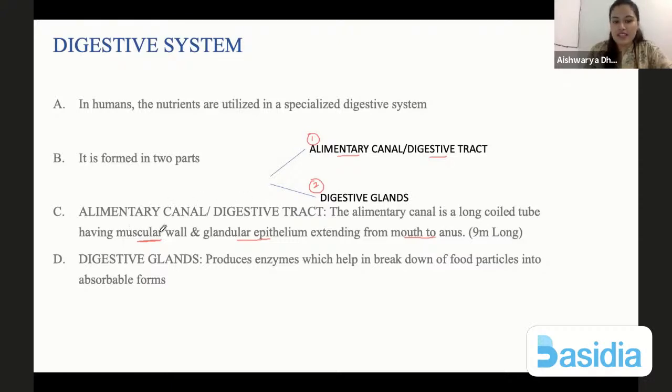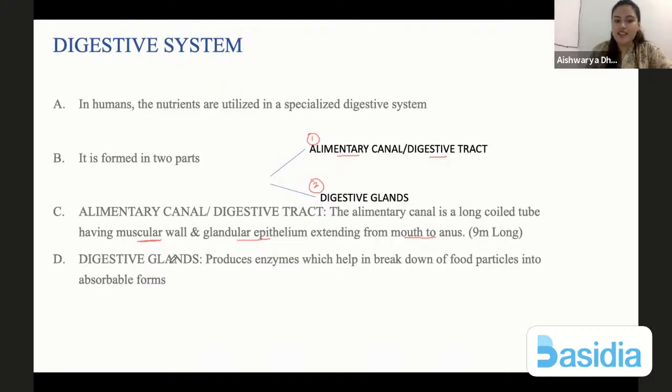So when you say that it's a muscular wall, that means the organs in the alimentary canal have muscles in them that allows the food to pass from the mouth till your stomach and intestines. And glandular epithelium, why? Because these glands or the glandular epithelial cells that might be present will be involved in the secretion of the digestive juices.